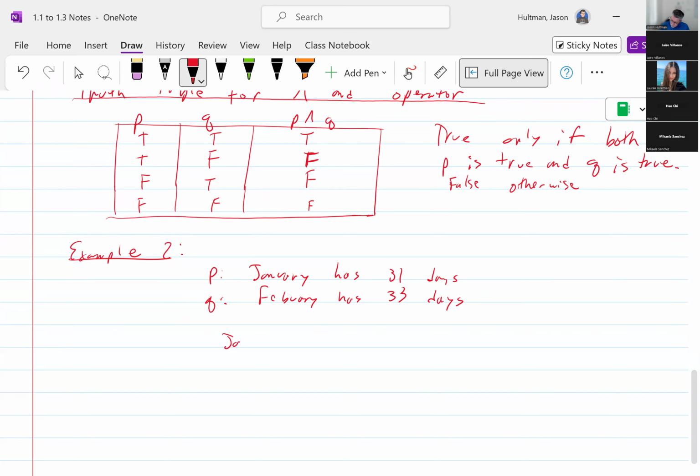So that would be January has 31 days, and February has 33 days. Well, we know that P is true, but Q is false. So we have a true and a false. Is that a true statement or a false statement? Yeah, that's a false statement.